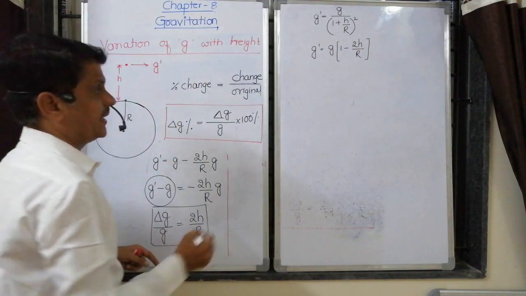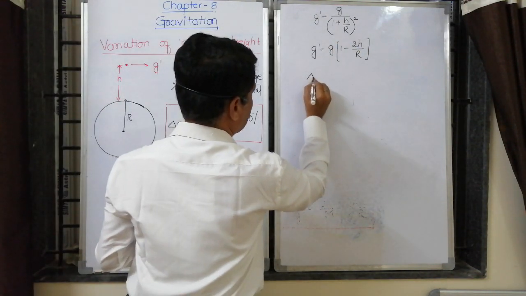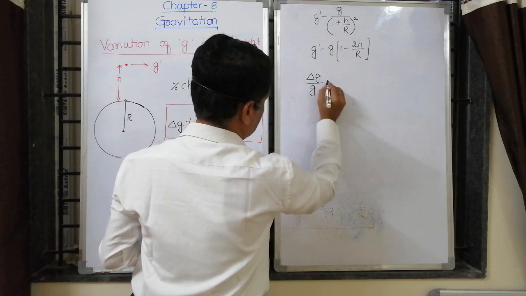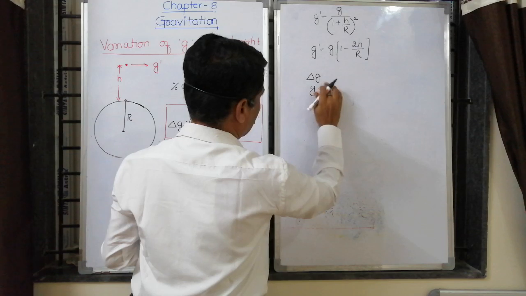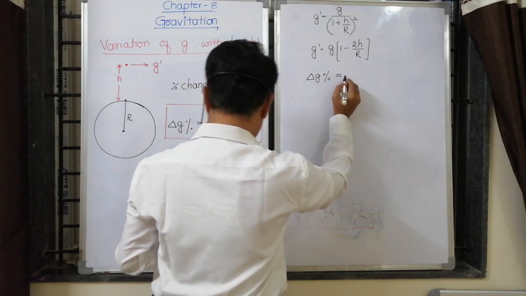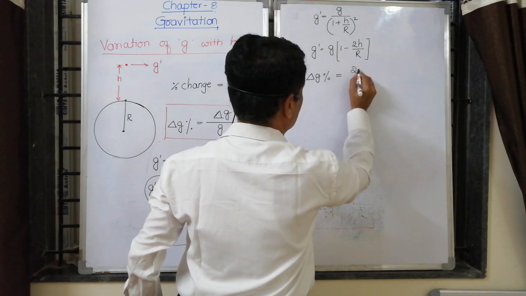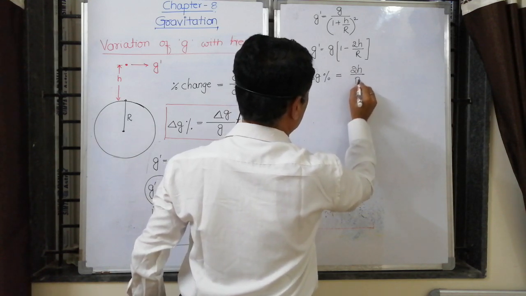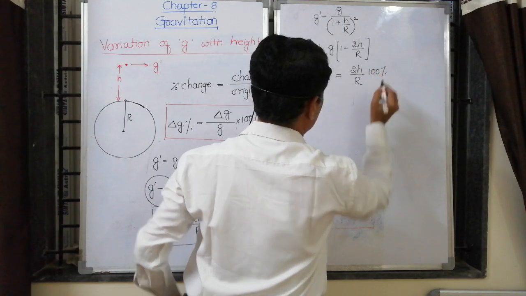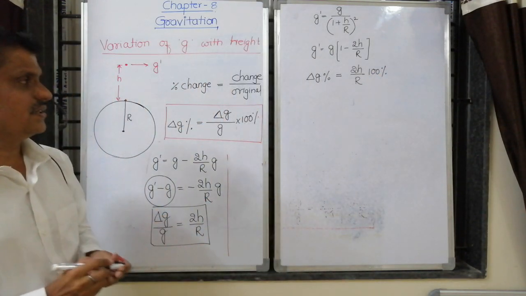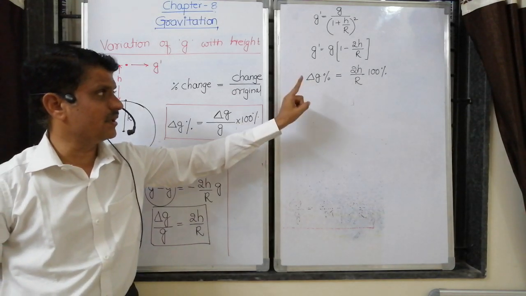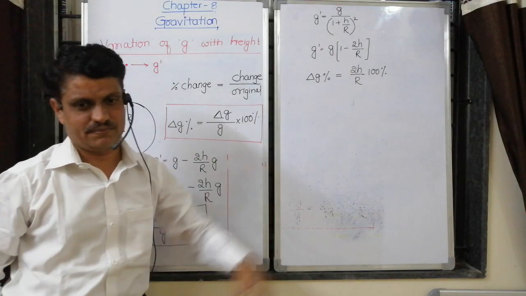And another, percentage change in g. Directly I can say percentage change in g is equal to 2h by r multiplied by 100. But remember, this is also applicable for small values of h.